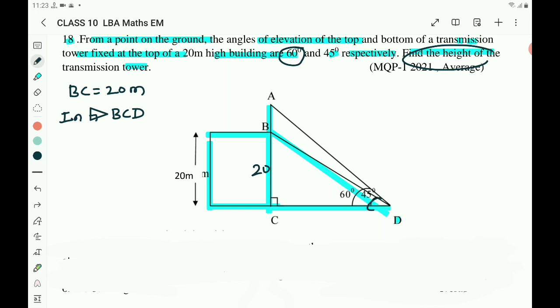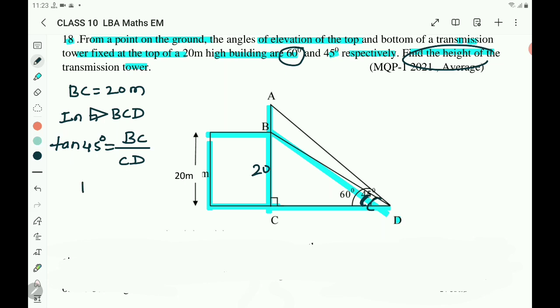Then you write here what is the measurement of the angle? Angle BDC, that is the angle of elevation of the bottom of the tower, 45 degree. Then you take tan 45 degree is equals to opposite side BC by adjacent side CD. What is the value of tan 45?